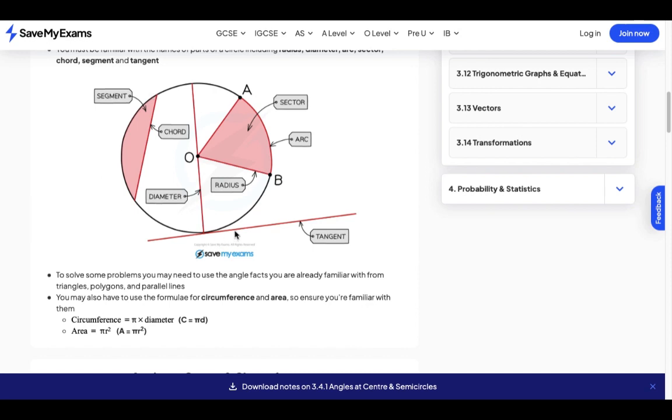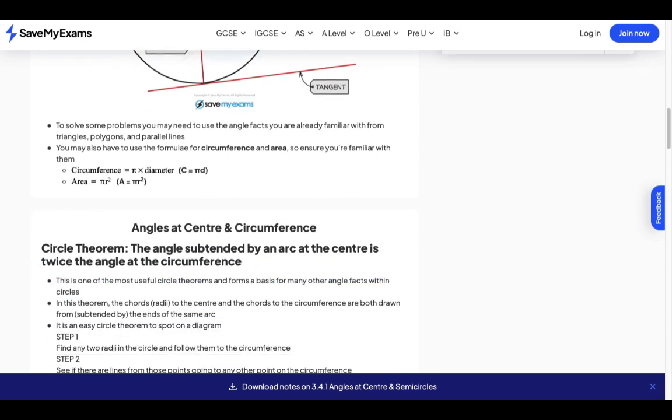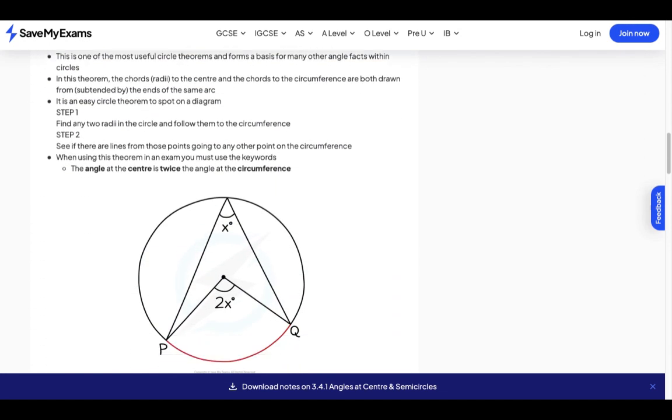The circumference is 2 pi r, 2 times pi times radius, or pi times diameter, because 2 radii equal the diameter. Then the area of a circle is pi r squared. We know these basics, so let's go straight to the applications of the circle theory.